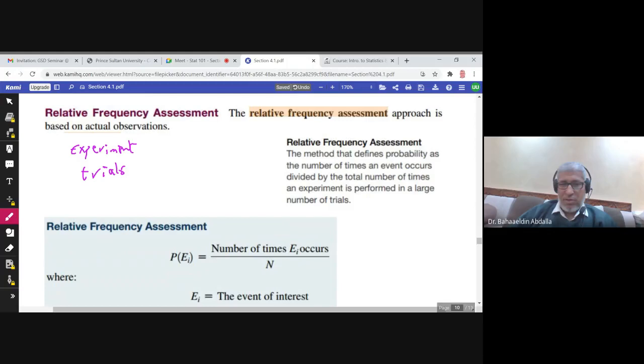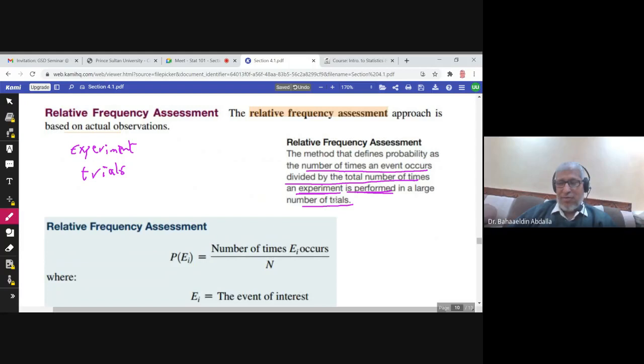Relative frequency assessment is the method that defines probability as the number of times an event occurs divided by the total number of times an experiment is performed in a large number of trials.